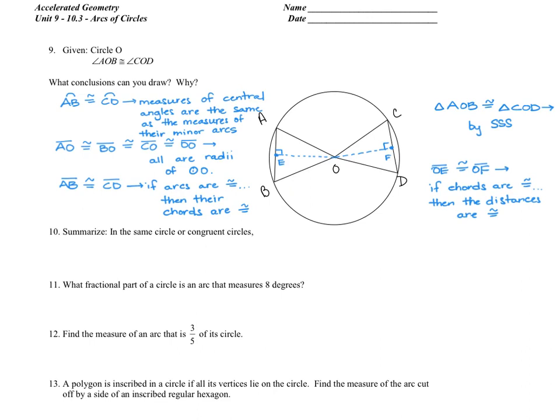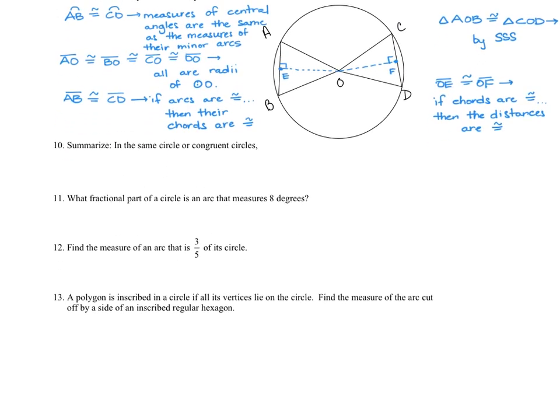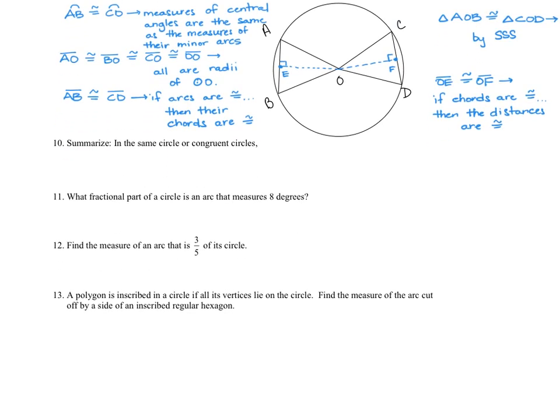In summarizing all of that, we can say that if we have congruent central angles, that implies that we have congruent arcs, which implies that we have congruent chords, which implies that we have congruent distances.